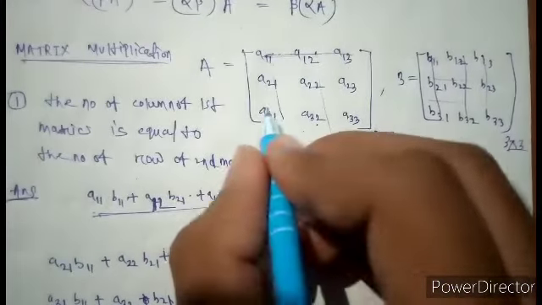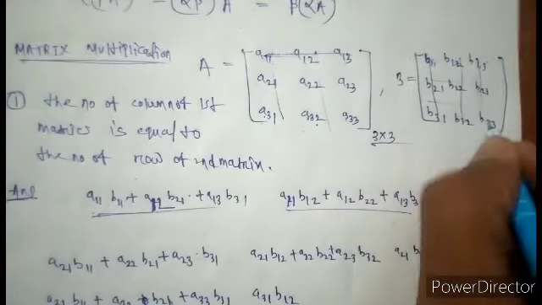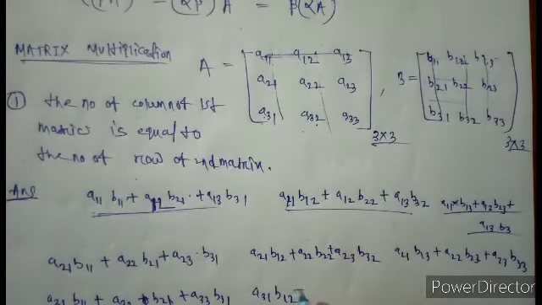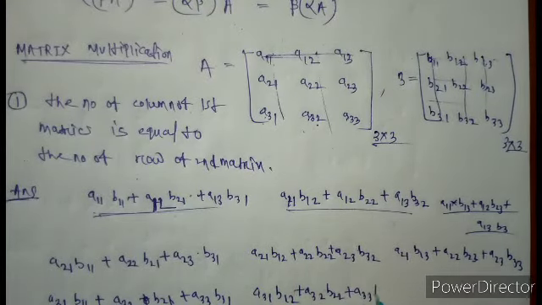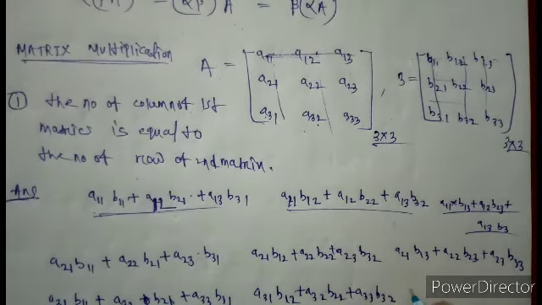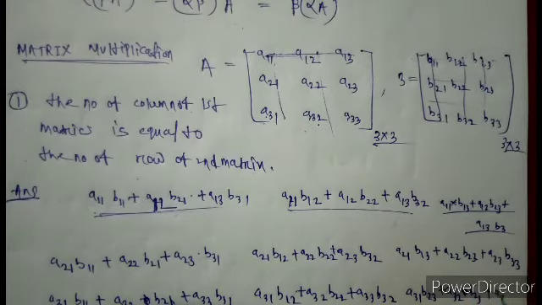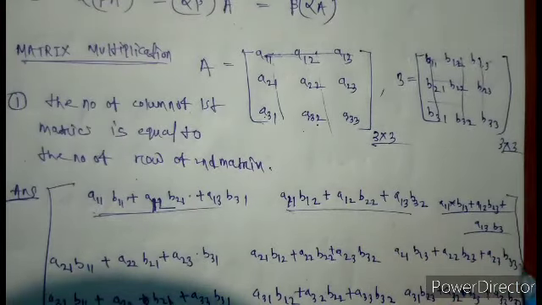Here we write A31 B12 plus A32 B22 plus A33 B32. Then A31 B13, A32 B23, A33 B33. Okay, this is the result of the multiplication.